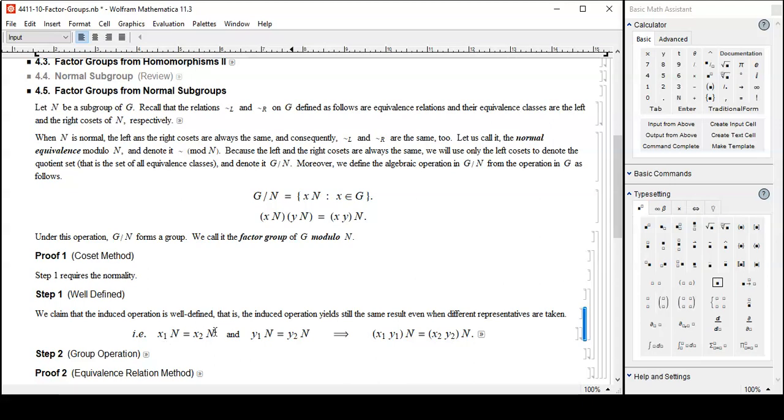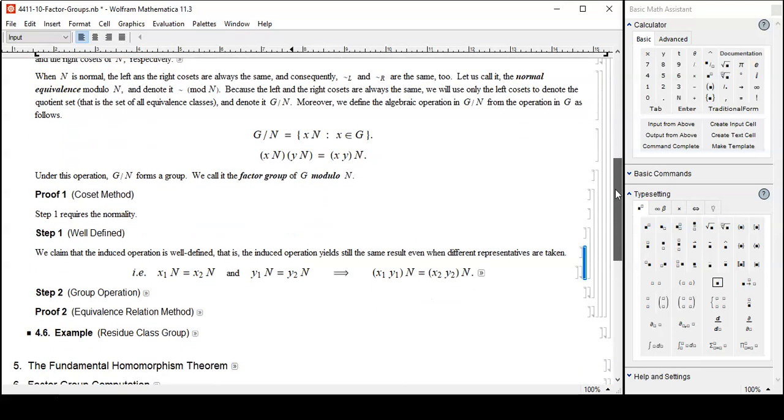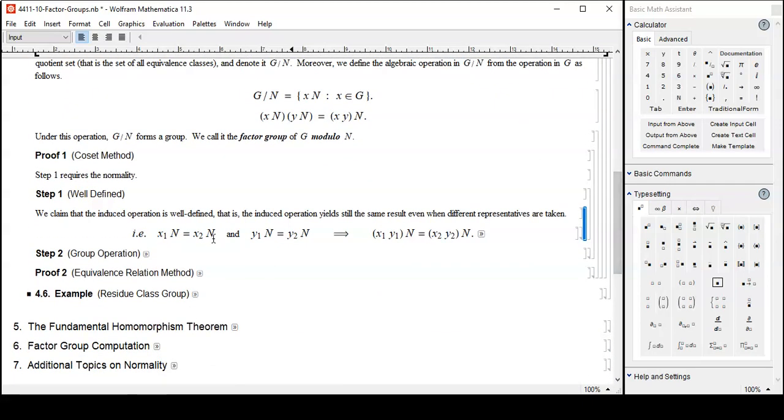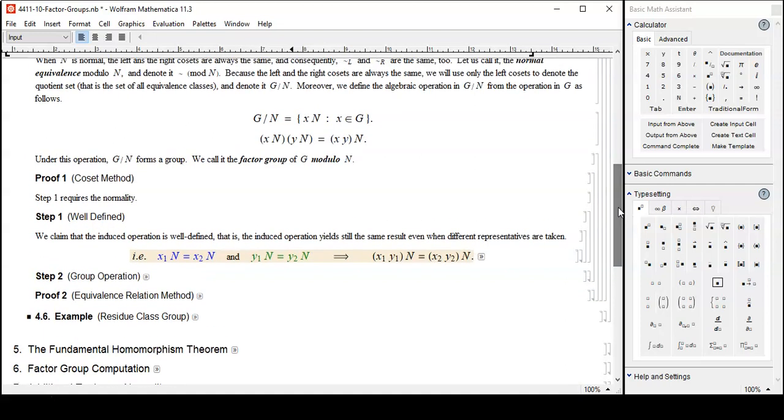If x1N and x2N are the same, which I just highlighted in blue, and y1N and y2N are the same, which I just highlighted in green, then x1y1N and x2y2N are the same. That's what we want to prove.